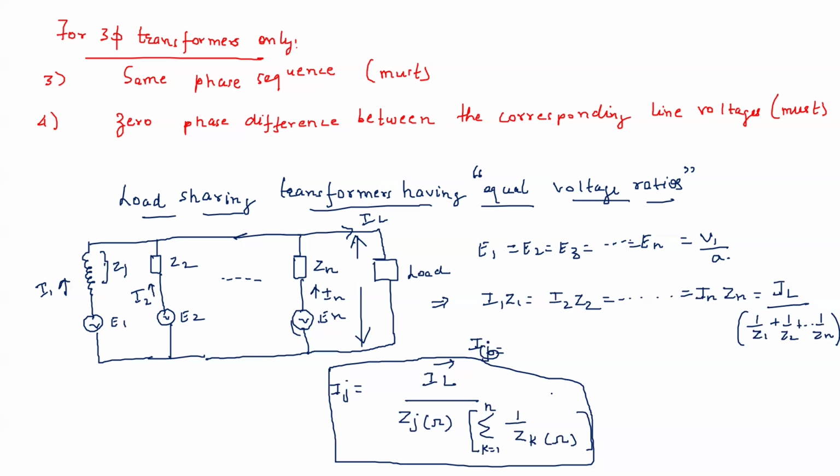Similarly, power also you can find out. Power will be like this. Sj star is equal to SL conjugate by sigma k equal to 1 to N of 1 by Zk in ohm. Because the voltage is same, if I multiply by V conjugate on both sides, this will become power conjugate.